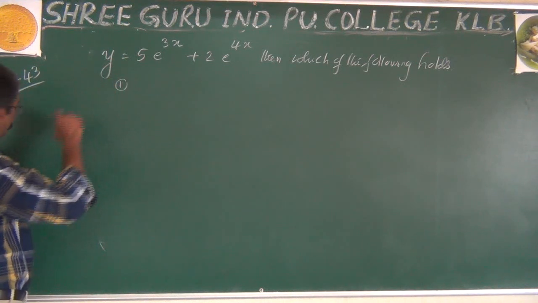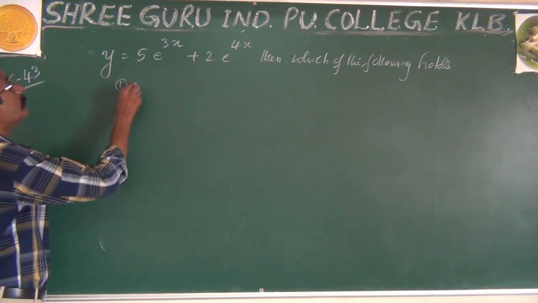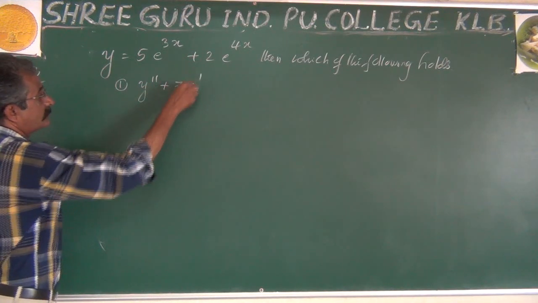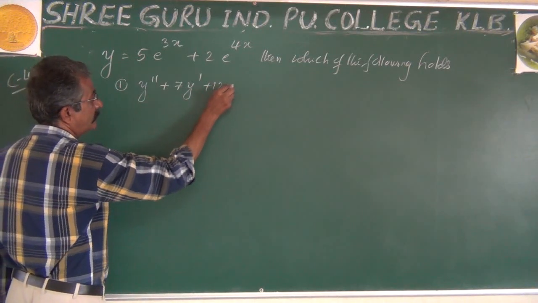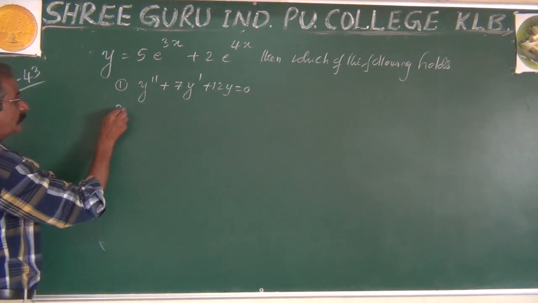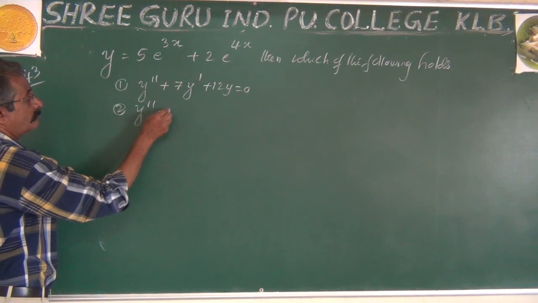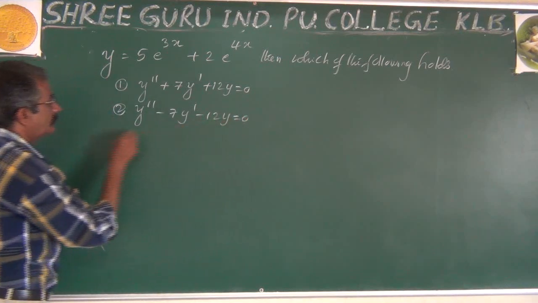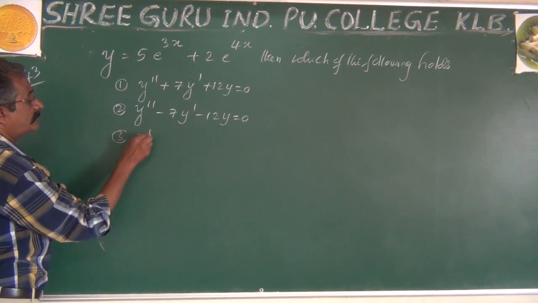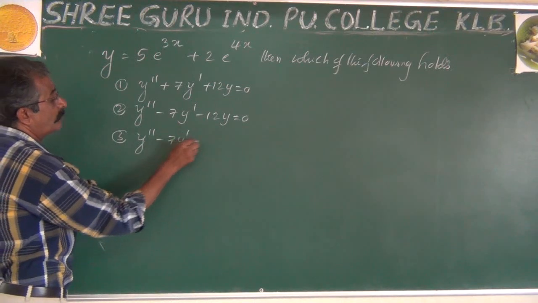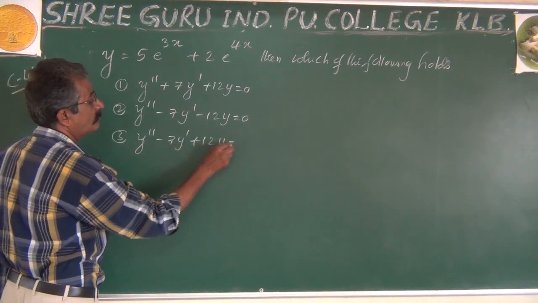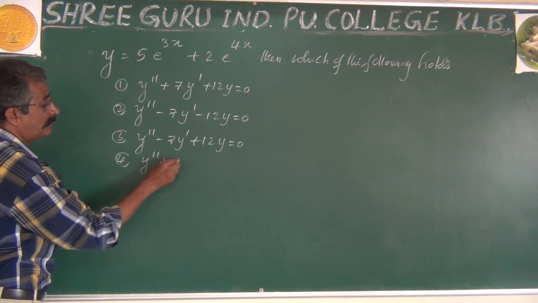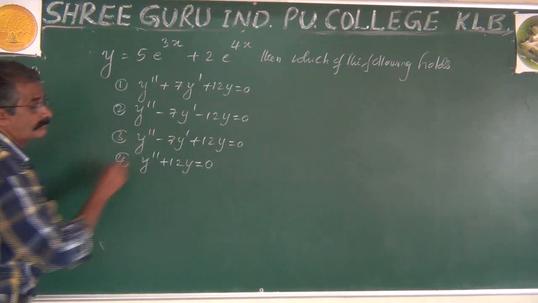First option, y double dash plus 7y dash plus 12y equals 0. Second option, y double dash minus 7y dash minus 12y equals 0. Third option, y double dash minus 7y dash plus 12y equals 0. Fourth option, y double dash plus 12y equals 0.